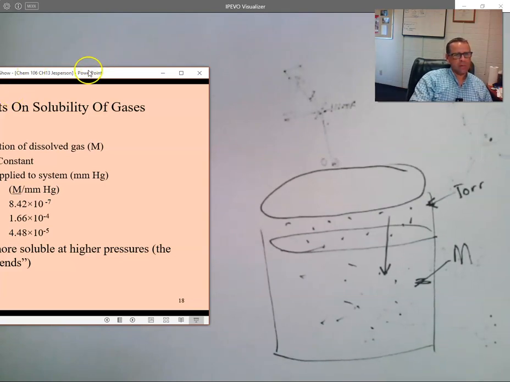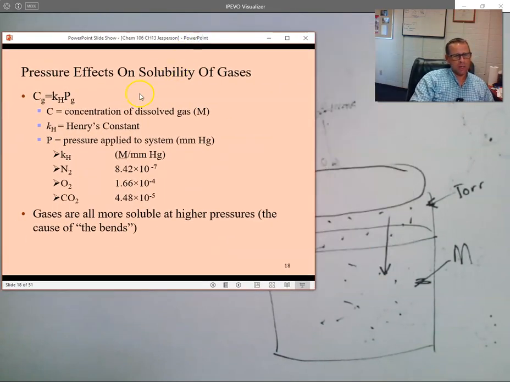Okay, so if we look at this slide more clearly now, we see that we have this constant, which they tell us is called Henry's constant. And we don't need to remember that name necessarily. Constant, K, usually stands for constants, and there's lots of them out there. But we have different values, and it depends on the gas, right?